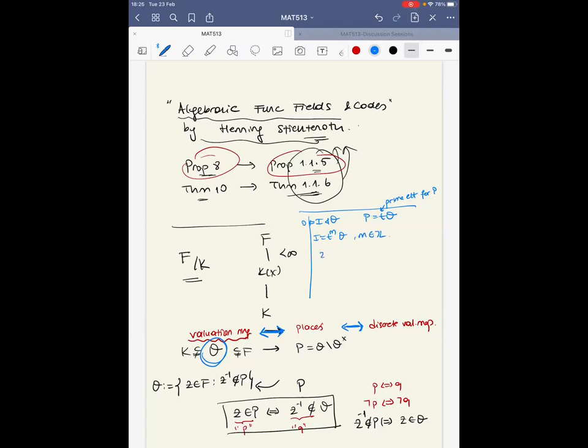Moreover, we have also seen that every non-zero function has a unique representation as t to the m times u with unit u and integer m.